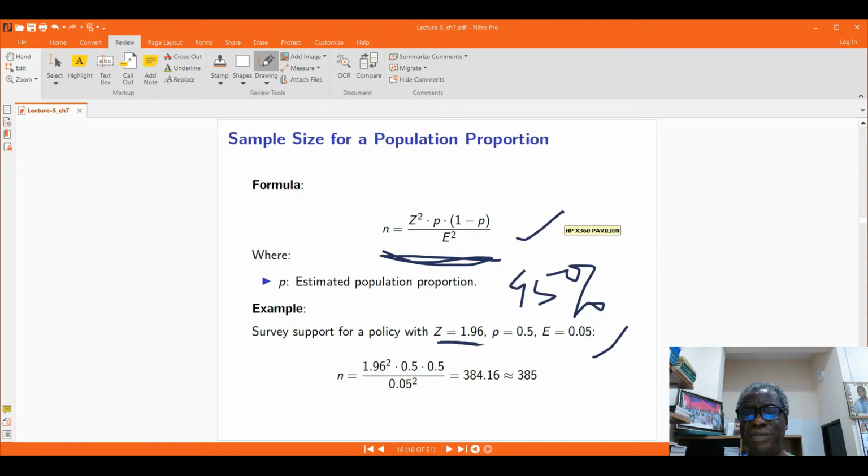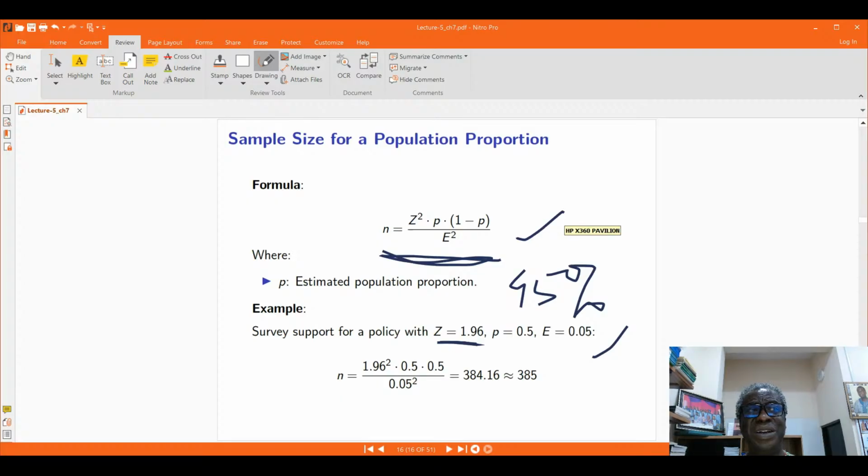So therefore, if you just take 385 or within that, you could make provision for those who will be unwilling to participate. You can adjust, just add few to that and so on. But you have a good idea of this appropriate sample size. So that's how far we'll go as far as sample size determination is concerned.